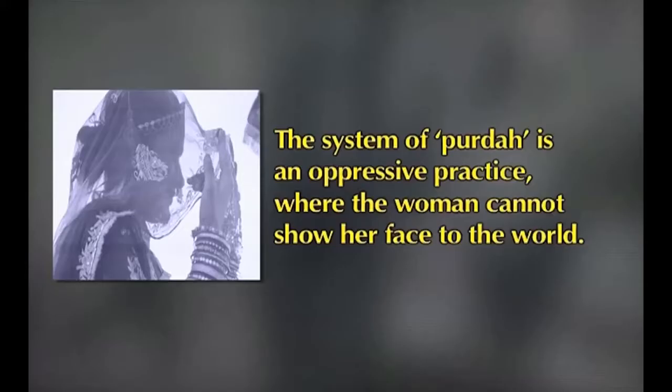The system of parda is an oppressive practice where the woman cannot show her face to the world. The women subjected to parda yearn to look beyond the veil to the world outside, but cannot do so and cannot say so. The women in the Haveli are cordoned off from the rest of the world.